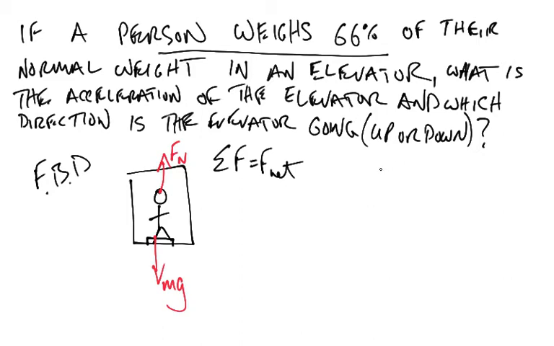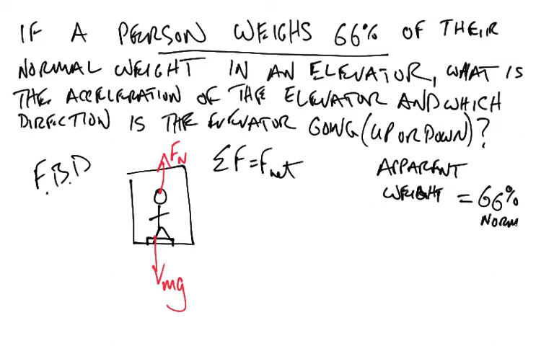What they're saying therefore is that their apparent weight is equal to 66% of their normal weight. Question, what is their normal weight? Then we'd be able to multiply that by 0.66 to get their apparent weight.